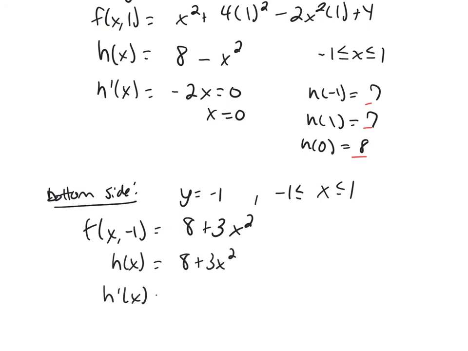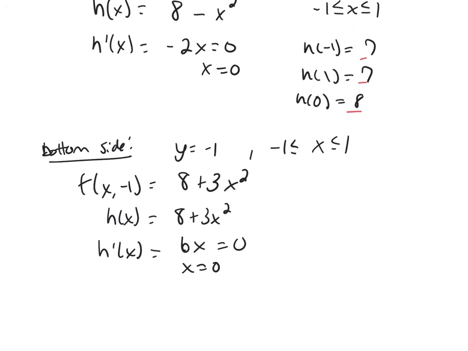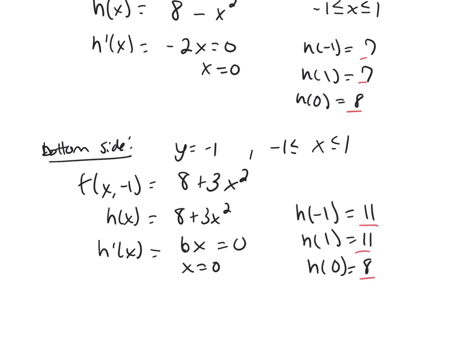H prime of x would be 6x. My only critical number is x equals 0. So plug in my endpoints into h. And now what you're going to do is compare all of these values to see where I have my maximum value and where was my minimum value.